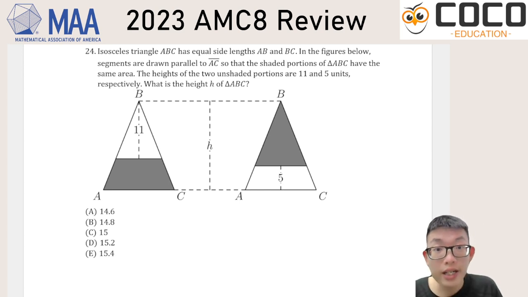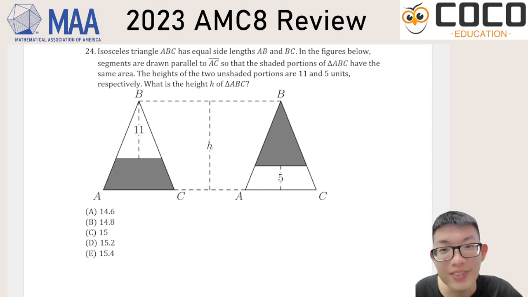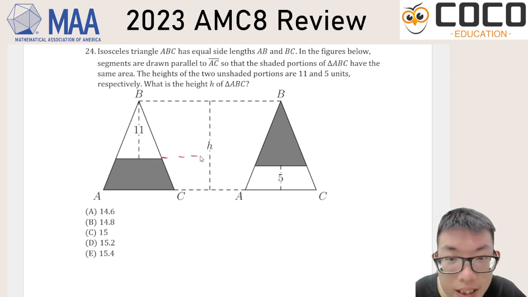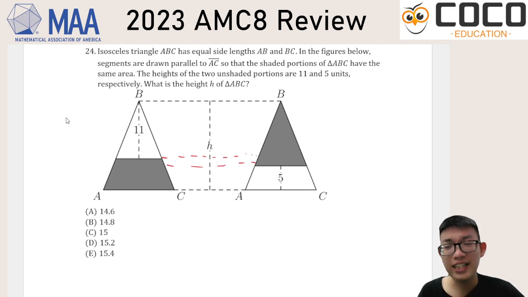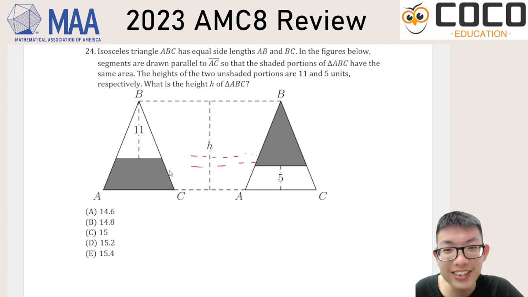Now this diagram is already pretty misleading because it would look as if this is slightly above, and so the answer should be slightly more than 16, but what do we know? All the options are less than 16, so clearly you shouldn't trust the diagram too much.